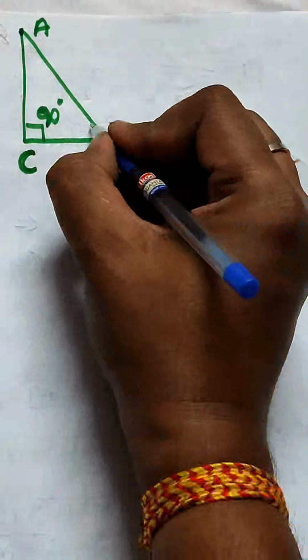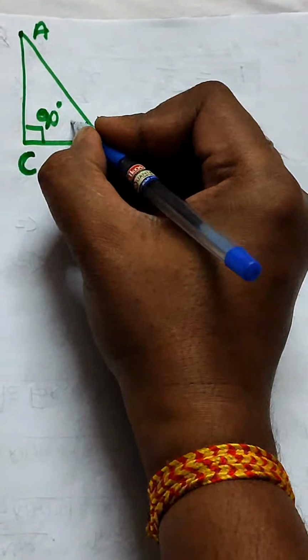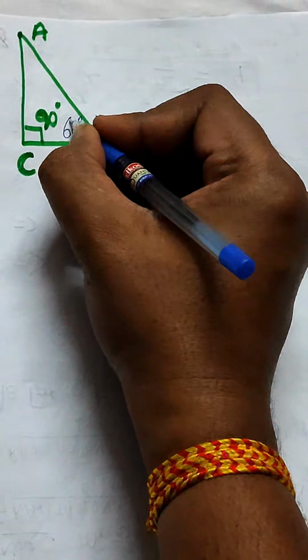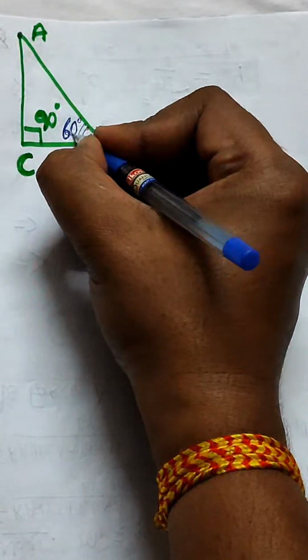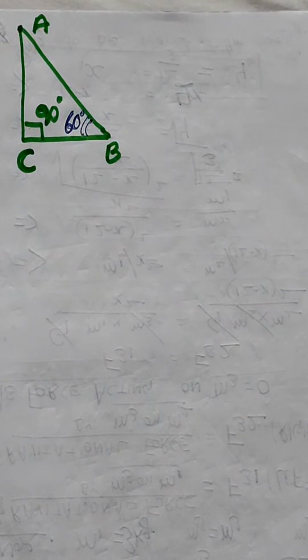Now in this question it is given that in the right angle triangle ABC, right angled at C, angle B is 60 degree, and AB is 15.